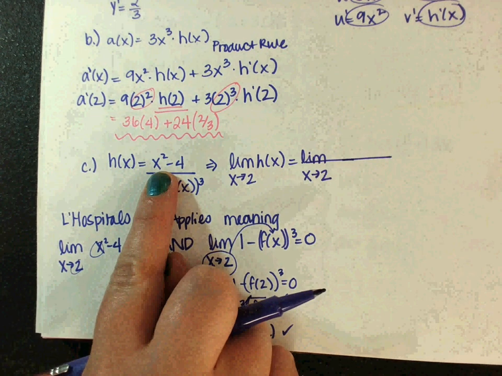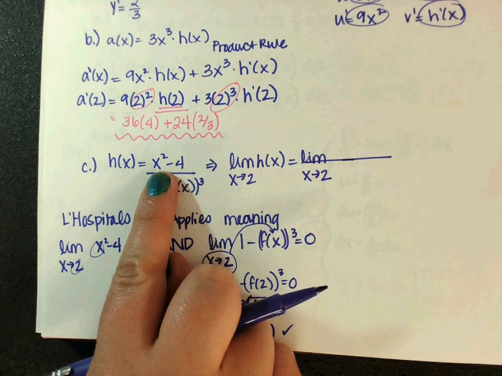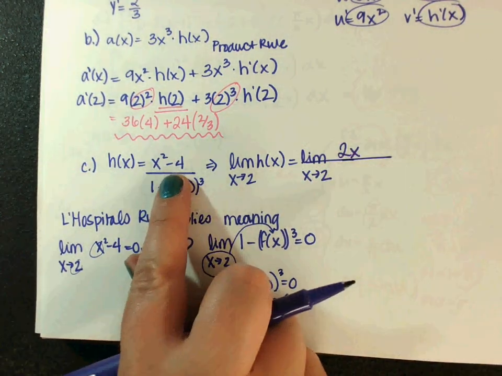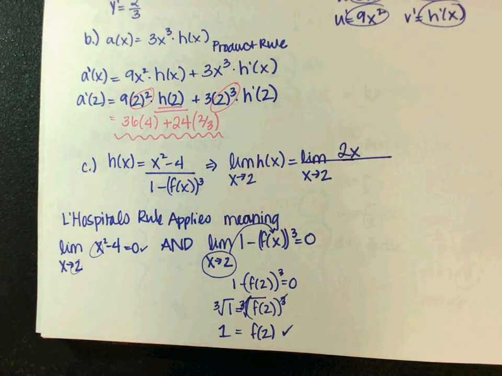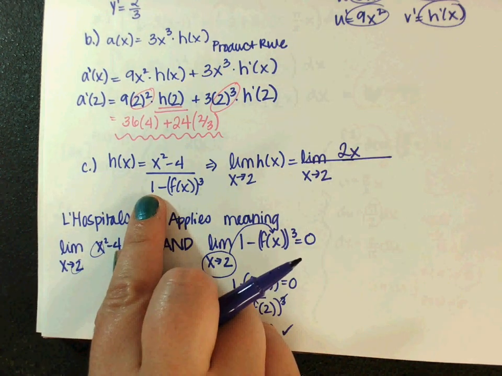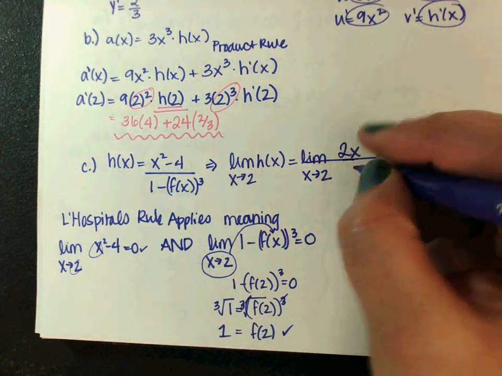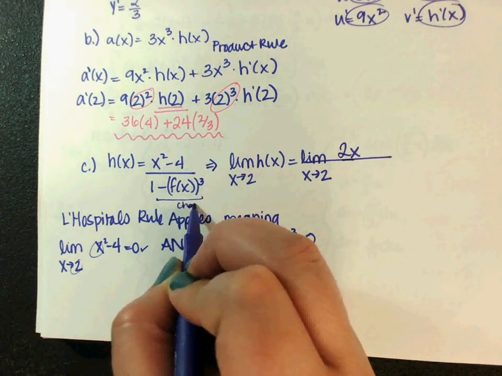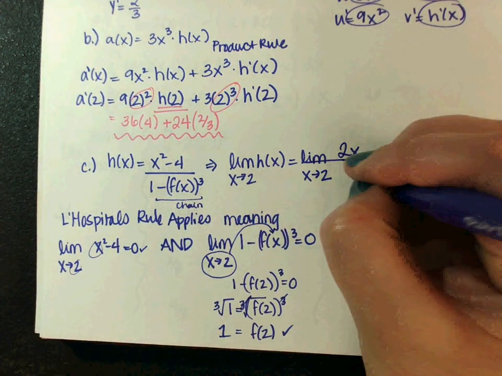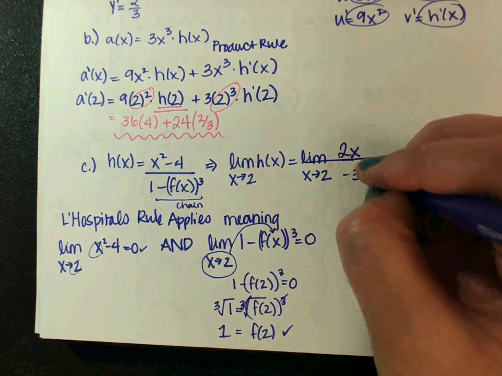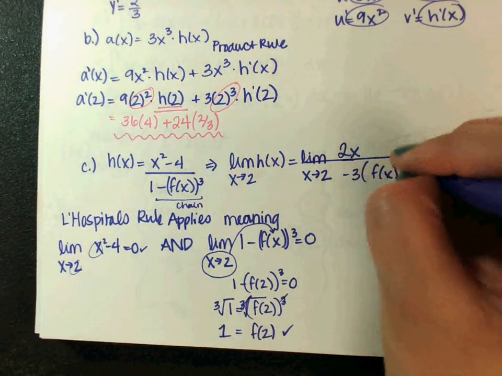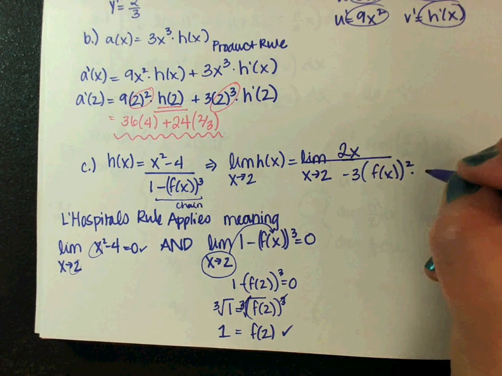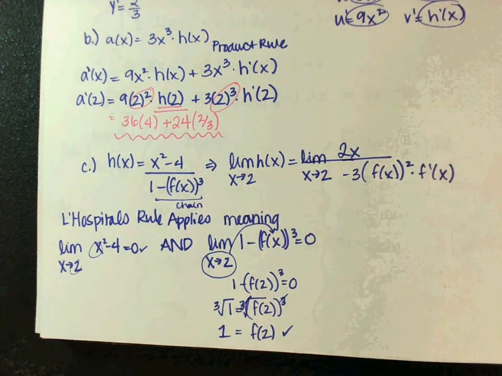When I take the derivative on the top, x squared minus 4, the derivative is 2x, then the derivative of minus 4 is 0. Then on the bottom, the derivative of 1 is 0. The derivative of this term here, you're going to have to do chain rule on. So it'll be negative 3 in the front, f of x is now squared, but then I have to multiply by the derivative of the middle, which is f prime of x.